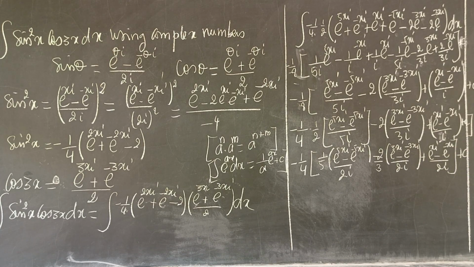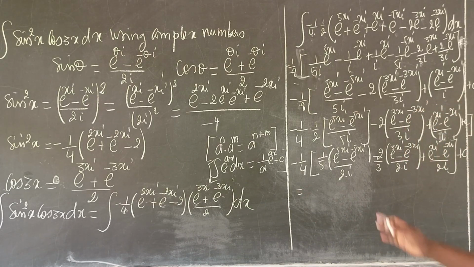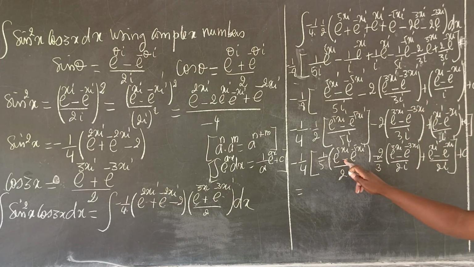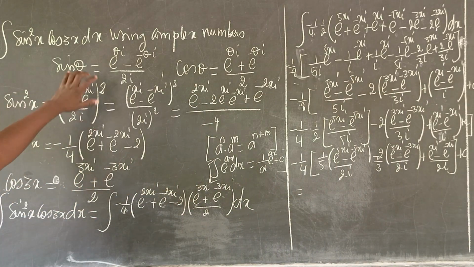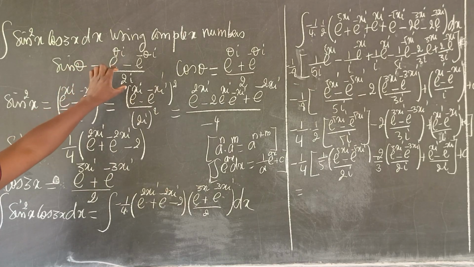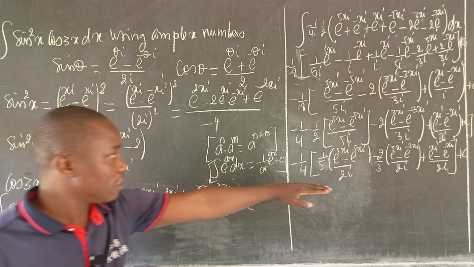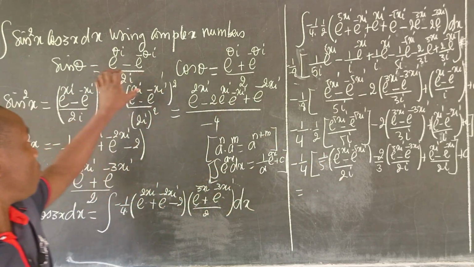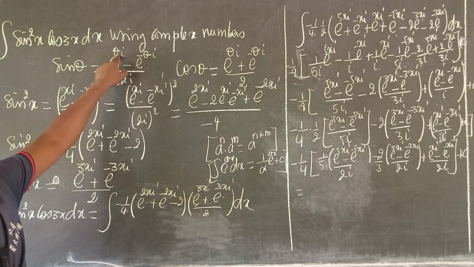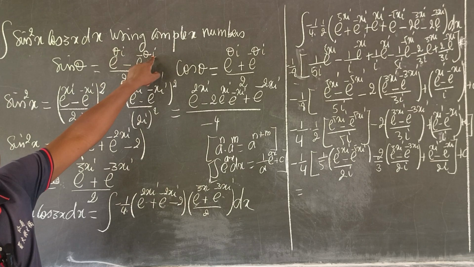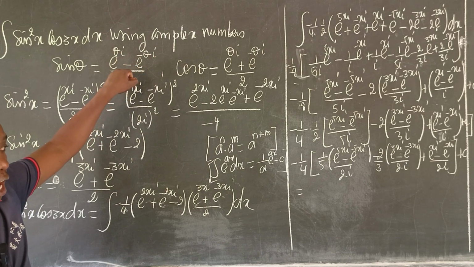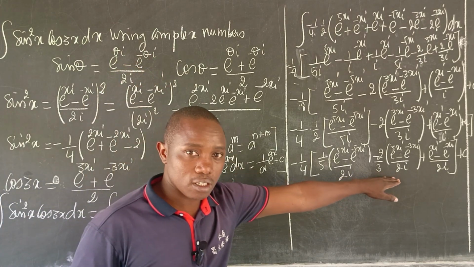As you see, if you remember this well, everything here is of the form exponential of i theta minus exponential of minus i theta over 2i. That's what is here.